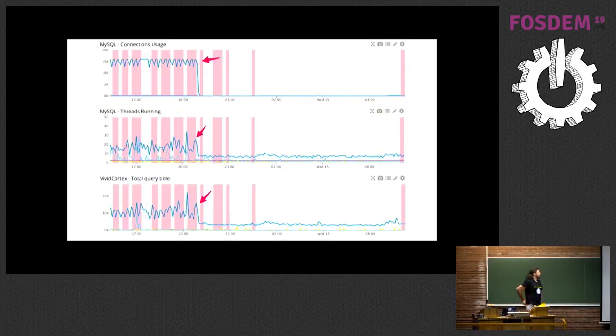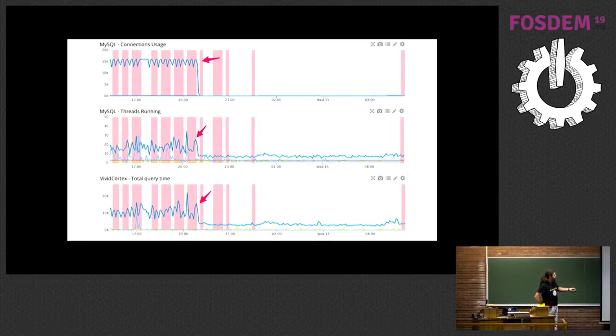Again, those are other graphs. This is actually production traffic. So before, when they were connected to MySQL, and when they switched to ProxySQL. It went from around 15,000 connections to, I don't know, probably 300 or something like this. Threads running in MySQL, before they were having around 20, spiking up to 35.